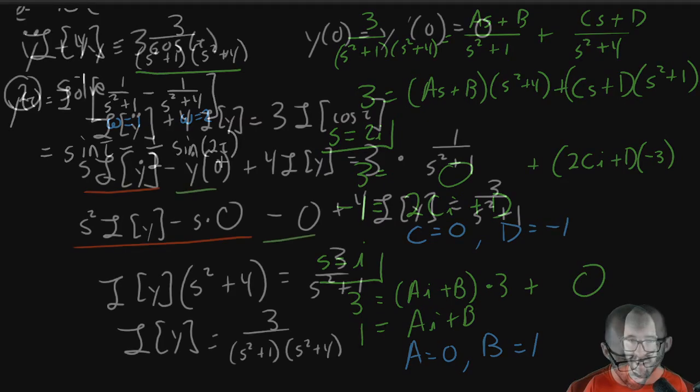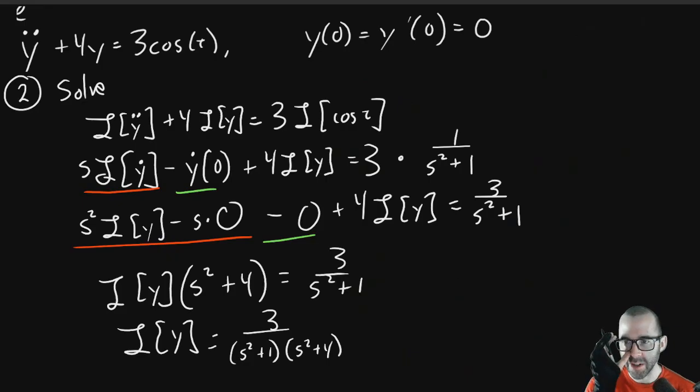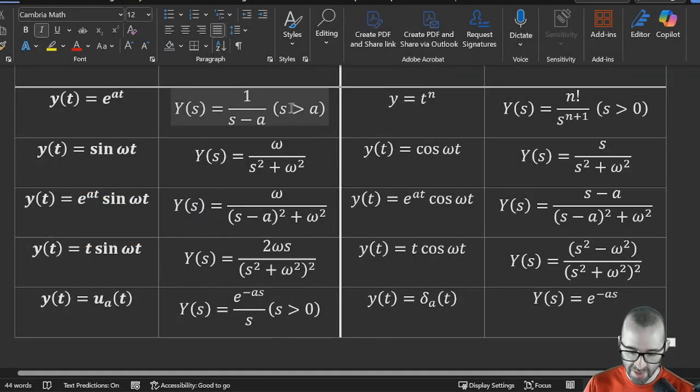So remember when I said it'd be really embarrassing if I made a really small mistake a long time ago and kept doing the whole problem? The Laplace transform of cosine is s on the top, not omega. What I was doing is I was looking at the Laplace transform of sine, which has the omega on top. Laplace transform of cosine has the s on top.